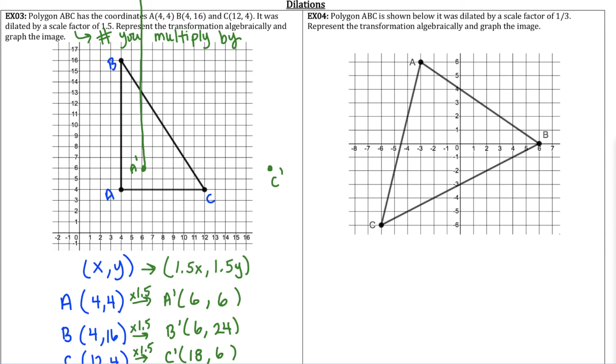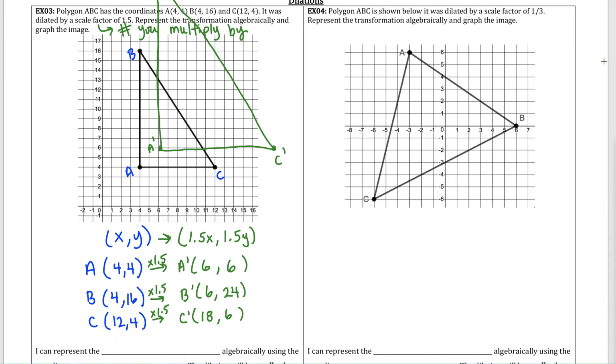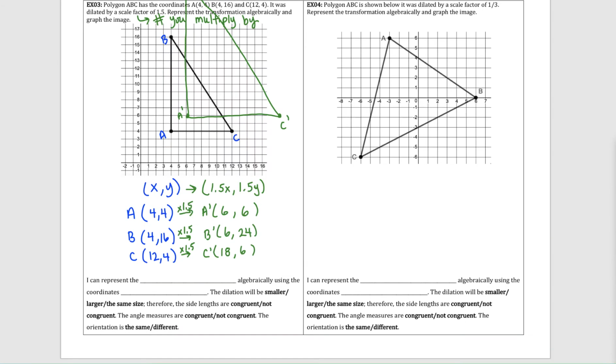Okay, there we go. So let me see if there's a way I can zoom out a little bit. Okay, maybe more. I think that's as much as I can do.